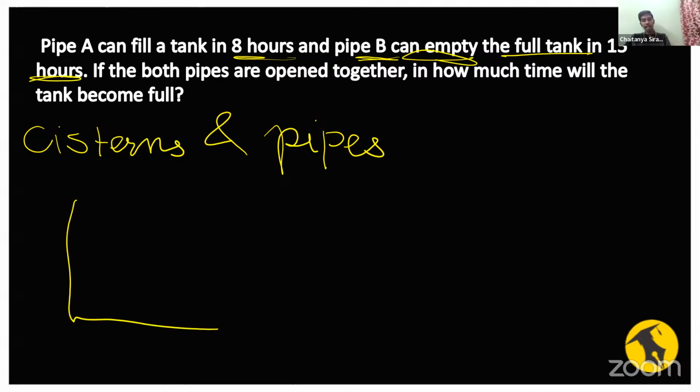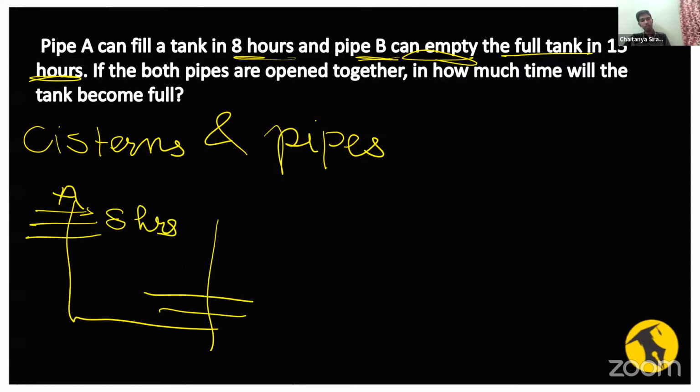So if I have a tank, let's say, I'll have an inlet pipe, which is pipe A, and it takes 8 hours to fill. And I have an outlet pipe B, which takes 15 hours to empty. So how much of the tank is emptied in 1 hour?